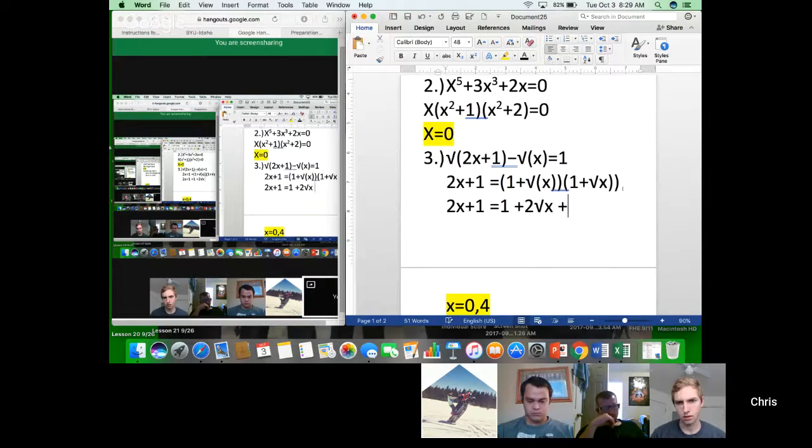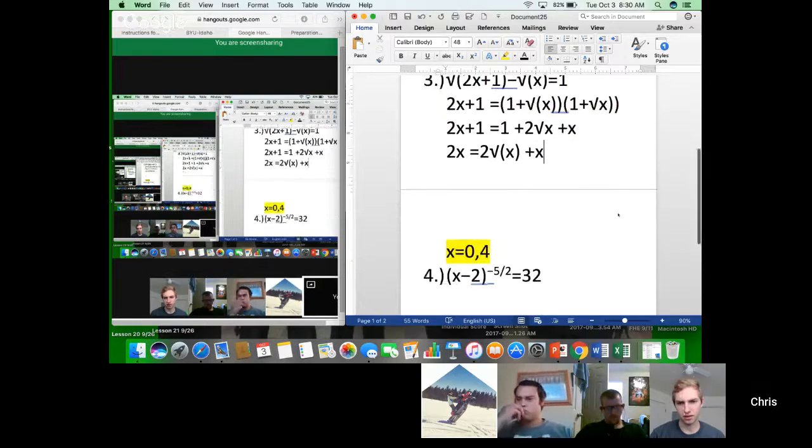Plus x squared. No, it's just x. Yeah, you're right. And then we can get rid of the 1 on both sides, 1 minus 1. Right. 2x equals 2 square root x plus x. Okay, it still doesn't make any sense because we don't have any numbers to deal with to get that 4 right there.